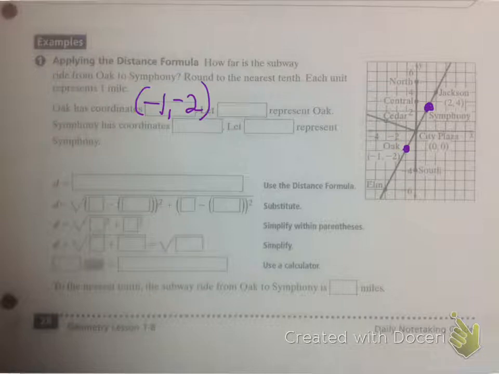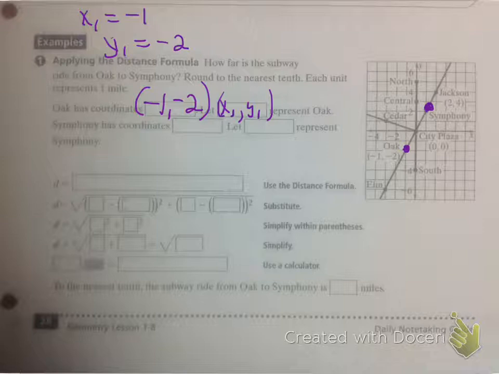And we're going to let that be our x1, y1. The key to this is to decide what's going to be what. So my x1 is going to be -1, and my y1 is going to be -2. That way I already know what it is, and I can just sub it in when I get my formula out.